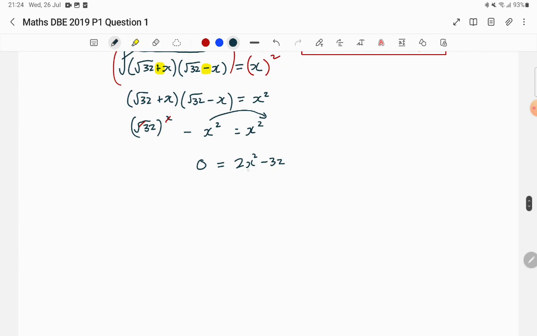Once we do that, we can divide each term by 2 just to make our life easier. We'll get x squared minus 16, and now we can figure out that this is also dots, so this is your difference of two squares.